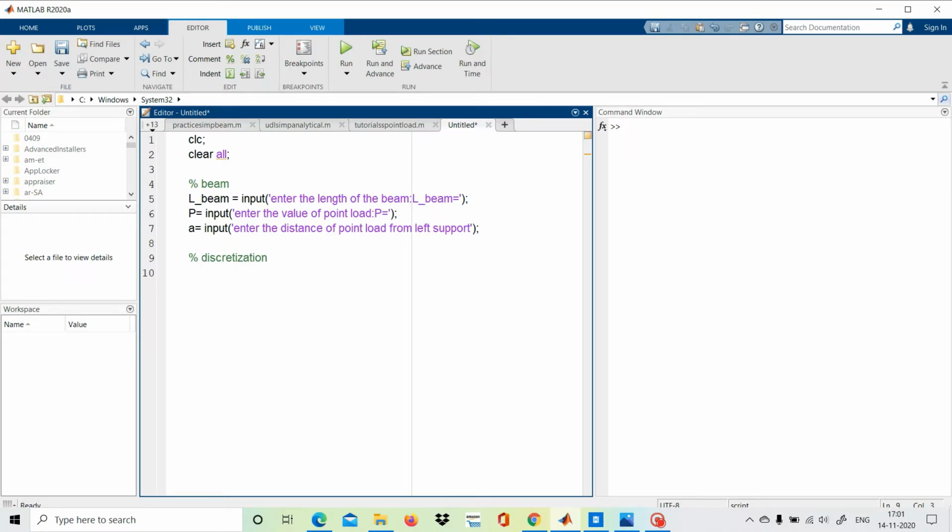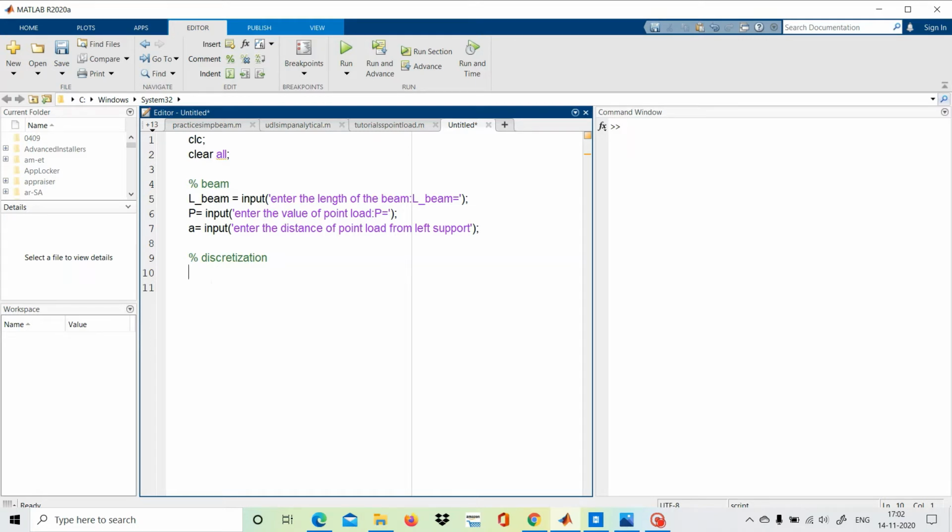This green line MATLAB would not read, so it will skip this line. We have written it for our convenience, to know what we are going to do. We are going to discretize some data, so we will write according to the discretization part.